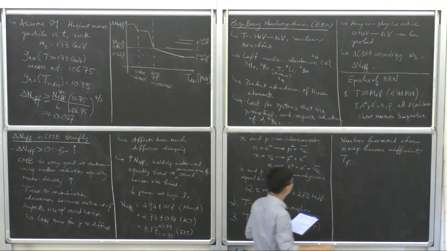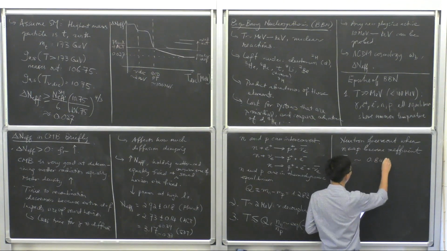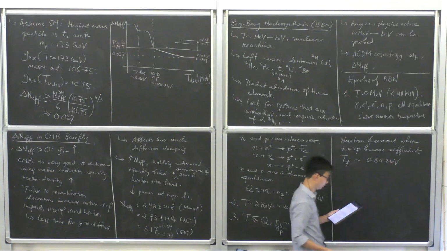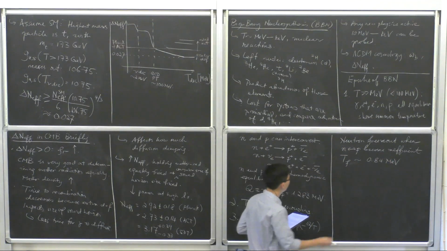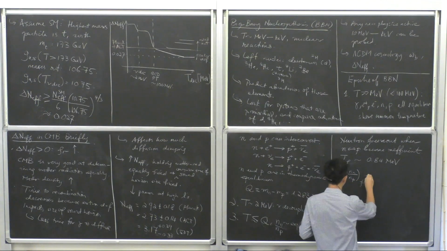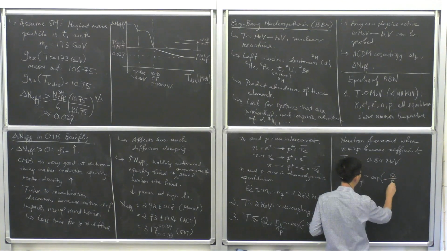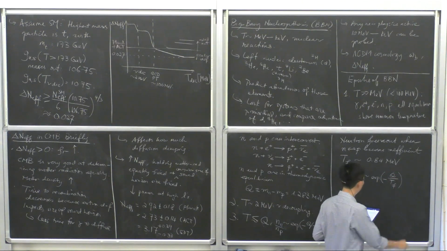You'll find that the temperature of neutron freeze out is roughly 0.84 MeV. And so if I write down what the neutron to proton number density is at freeze out, this is roughly given by exponential of minus Q over T F, which is roughly 0.21.